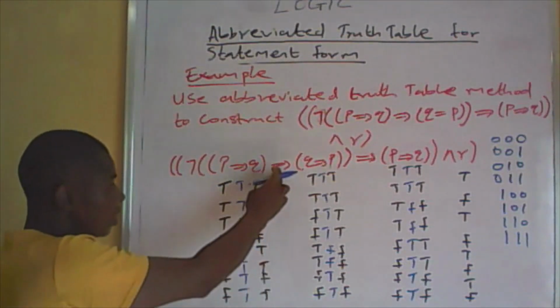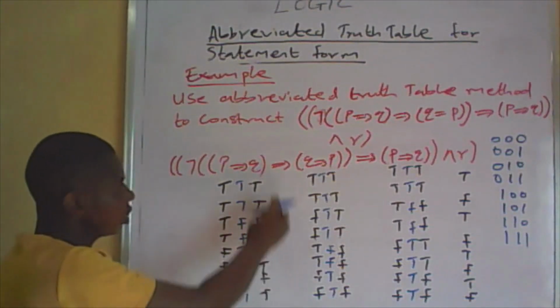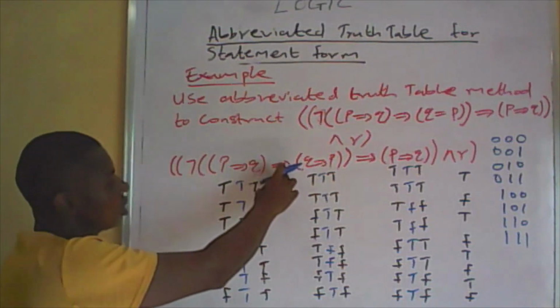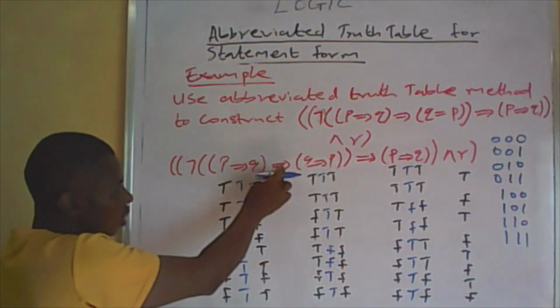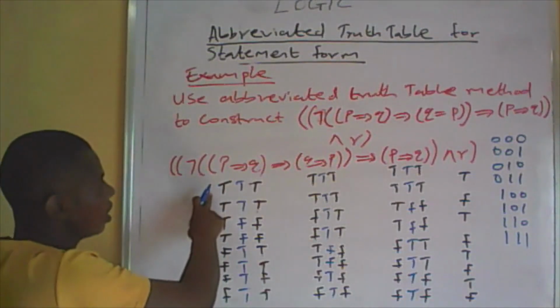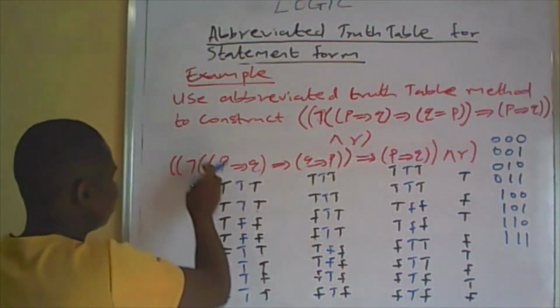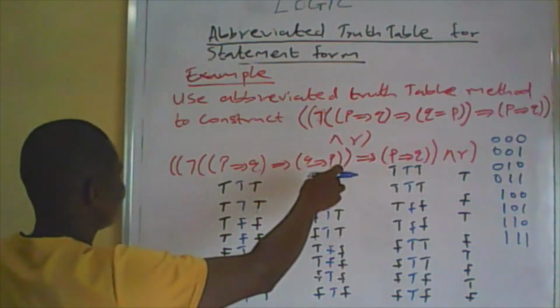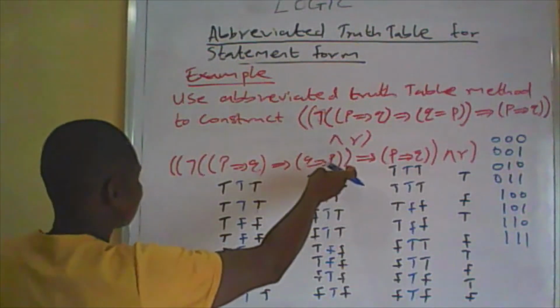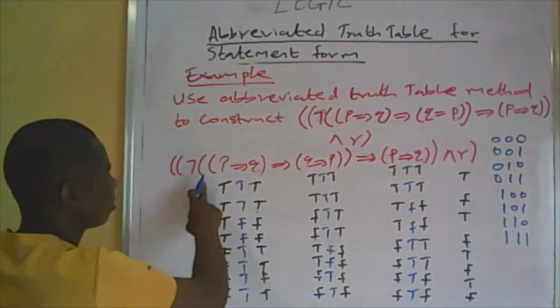So under here, you're going to have false. Because this collective that combines these two statements is combined by this connective. If you can see it, these two statements have this parenthesis. Very good.